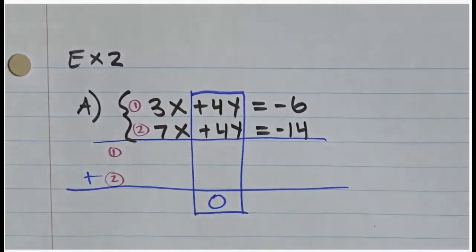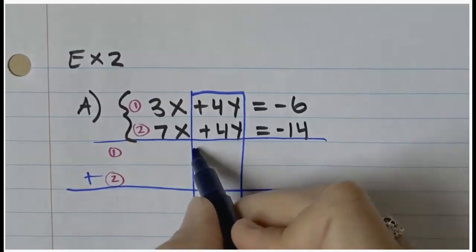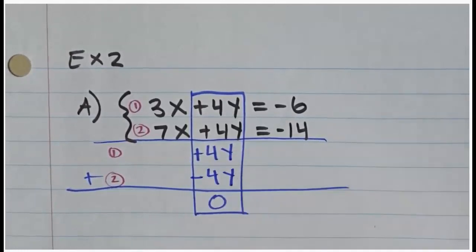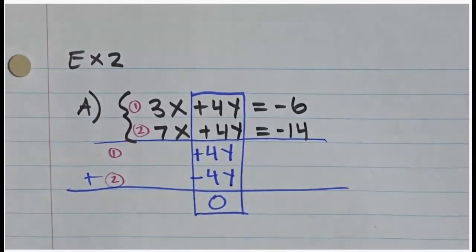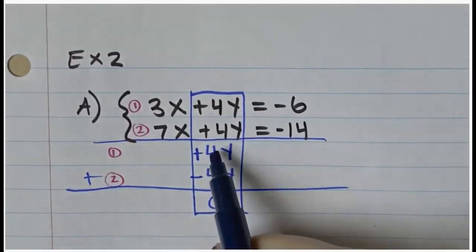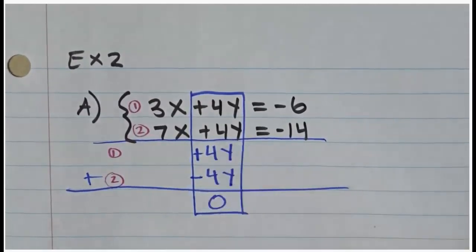We're going to have to change a little bit of the problem. So looking at what I have and what I need, the only way I can get a 0 is if this was actually a positive 4y with a negative 4y. Then I would get a 0. So that's what I wish. I wish I had a positive 4y and a negative 4y. That would be great because I would have a 0.